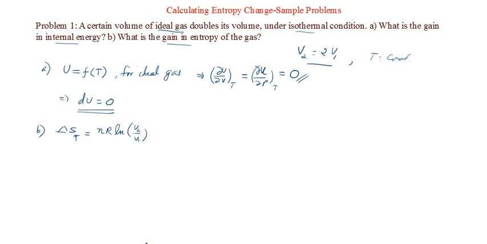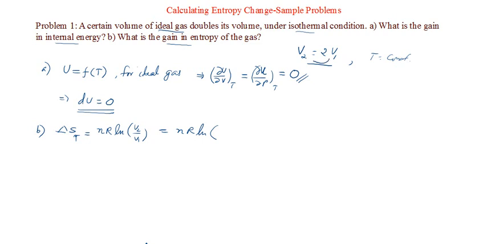Are we given something about the number of moles here? No, no data is available regarding how many moles. So let's keep n as constant for n moles of the gas. Let's complete the problem. It will be equal to nR times the natural logarithm of V2/V1.